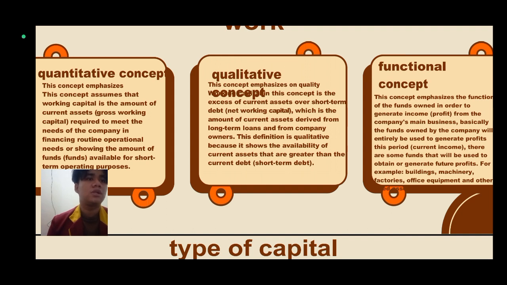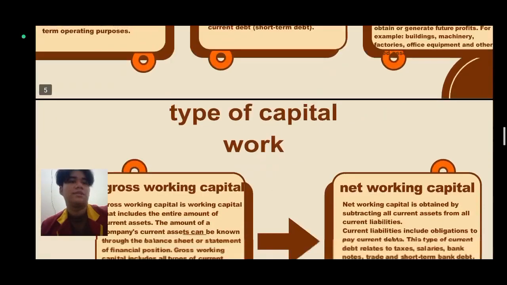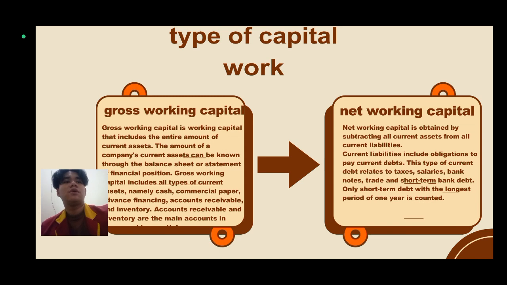This period, current income. There are some funds that will be used to generate future profits, for example, buildings, machinery, factories, office equipment, and others.